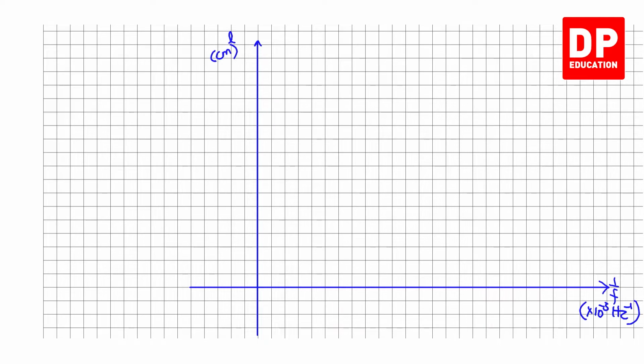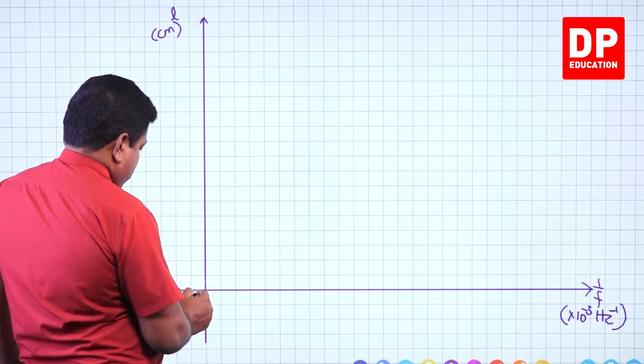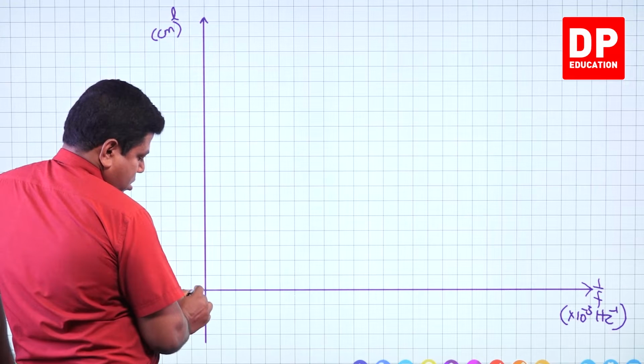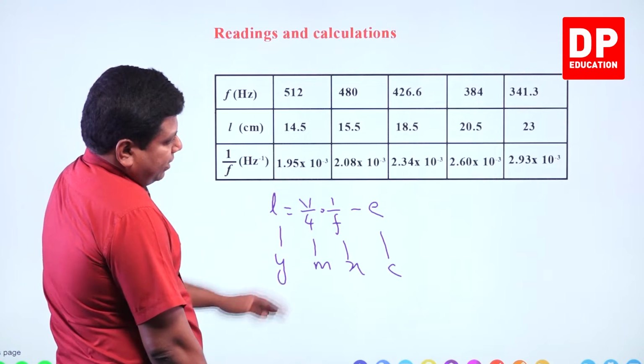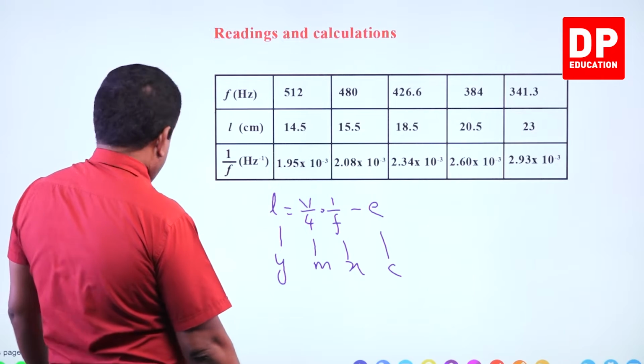Before you draw any graph, make sure you mark the axes. 0, 0. The x-axis we need up to 2.93.